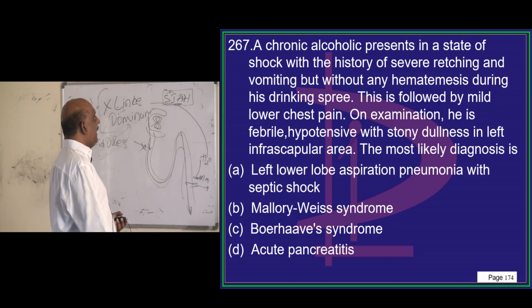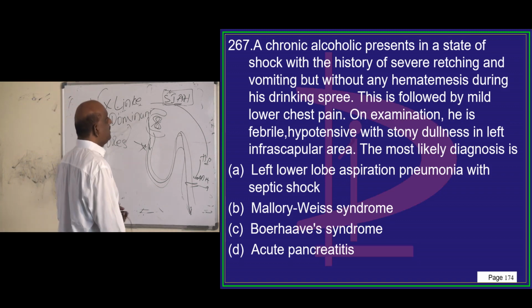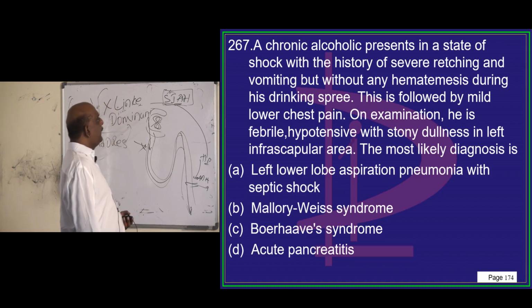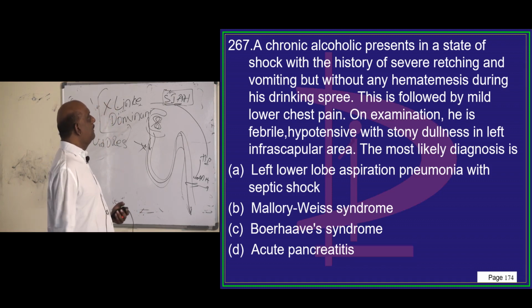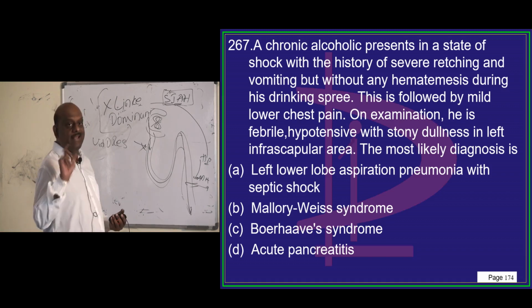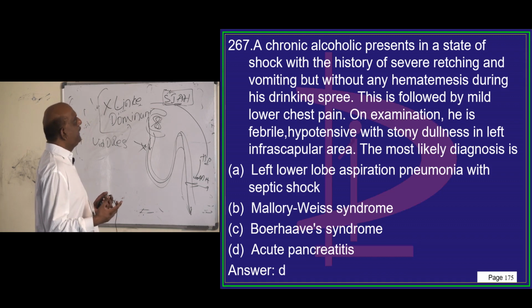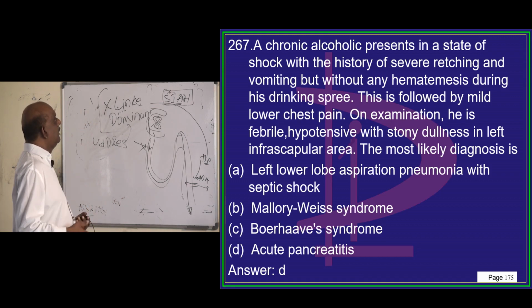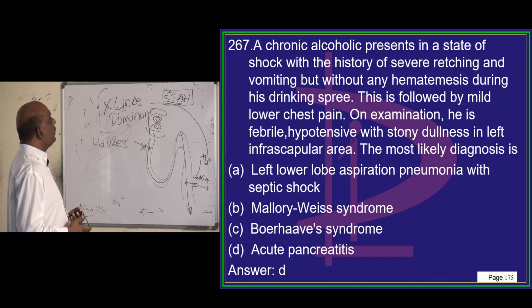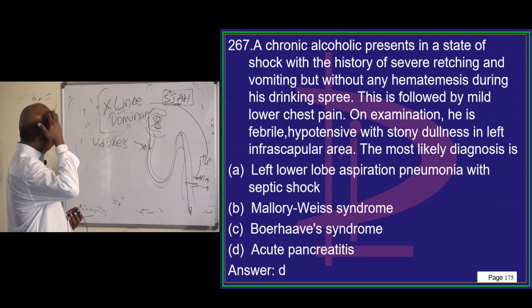Cardiomyopathy is a feature of adriamycin toxicity. Chronic alcoholic, hematemesis, and there is a lower chest pain, febrile, hypotensive, and stony dullness in the left interscapular area. What is the most likely possibility in this given scenario? With stony dullness in the left interscapular area, right?